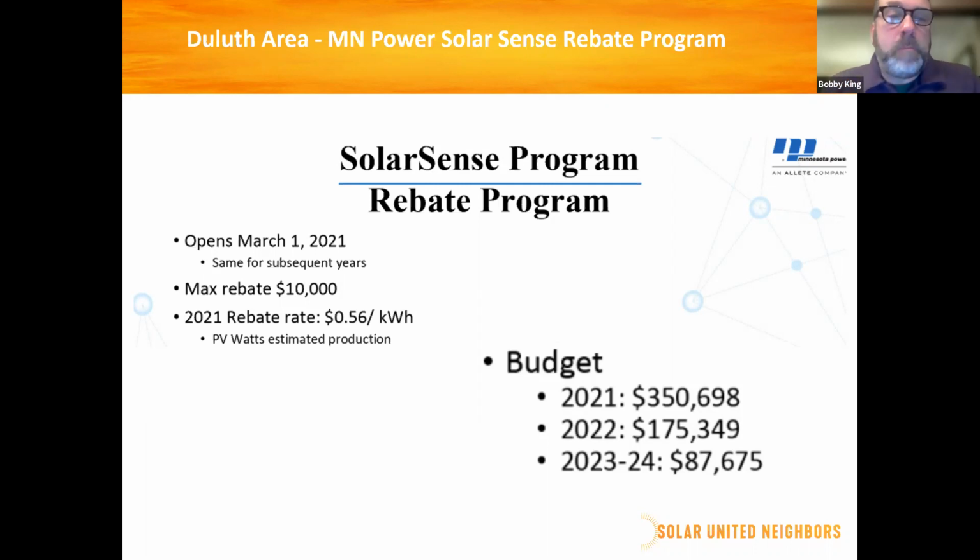So if you are in Minnesota Power area and you want to have a chance at that, you need to join the co-op and get a proposal from the installer right away, and sign a contract in time for them to get your paperwork ready to be at their computer midnight March 1 and load you up. There'll be a limited number of people that can get that. It's going to go fast.